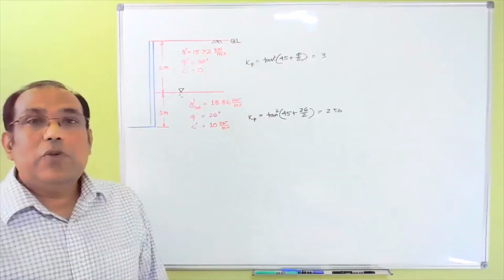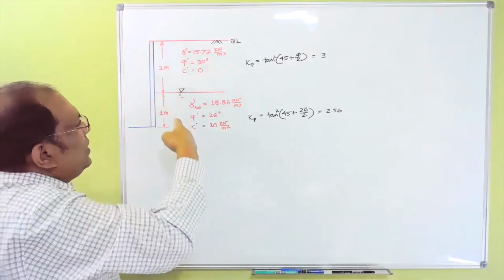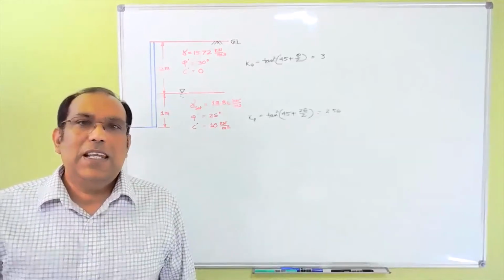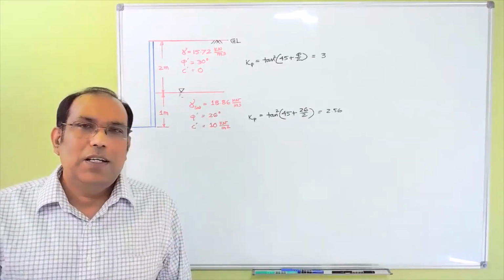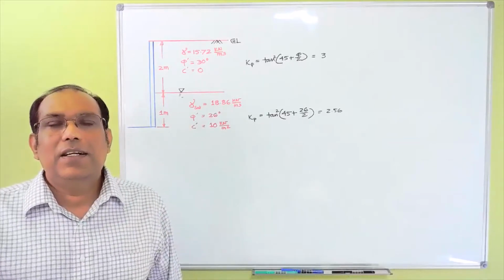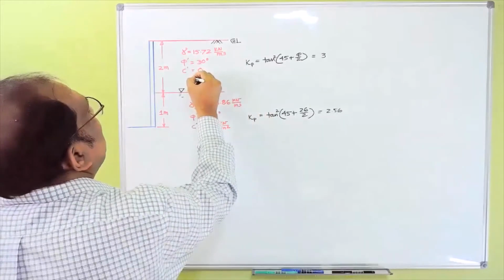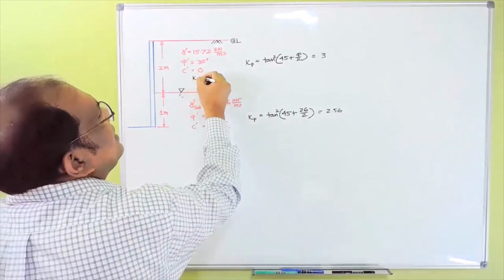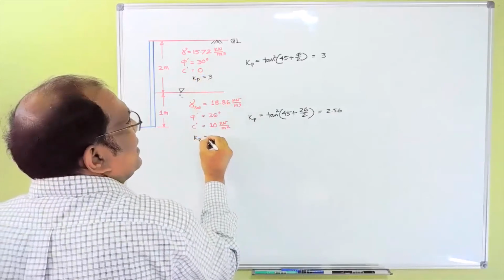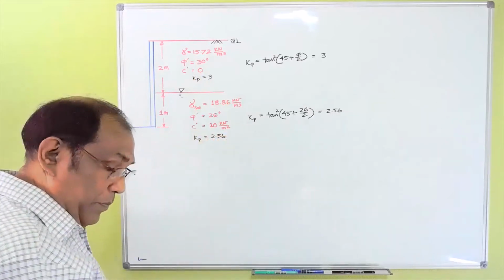If we have an inclination, or if the wall is a little inclined, then we cannot use this formula, and we have to use the generalized equation. Okay. Now let me write it down: my Kp here is 3 and Kp here is 2.56.